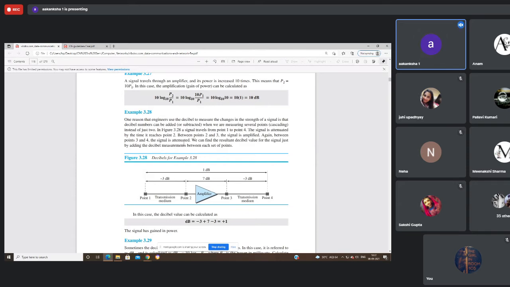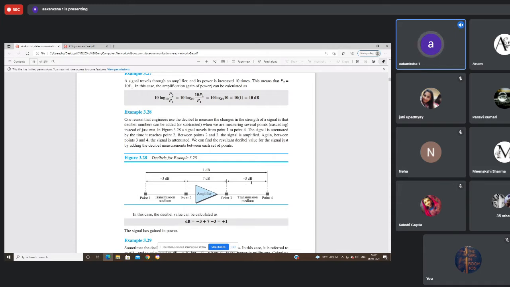So you can see this example 3.28. Between point 1 and 2, the transmission medium has a loss of 3 decibels, minus 3 decibels. And after point 2, an amplifier is put between point 2 and point 3, and the signal has gained a strength of 7 decibels. So it has been amplified. Again, from point 3 to point 4, there is a loss of minus 3 decibels.